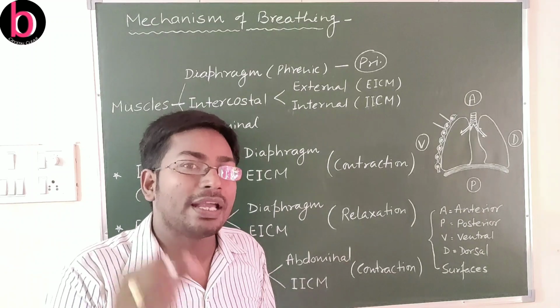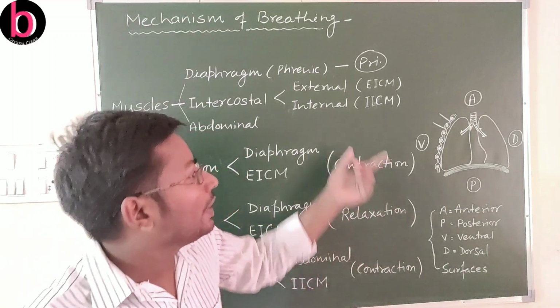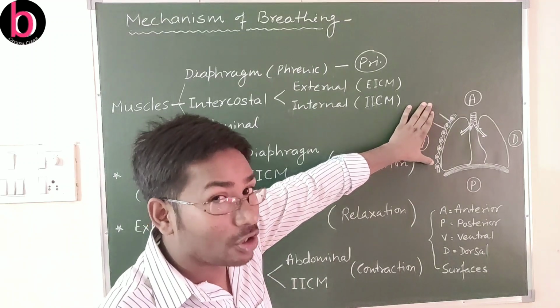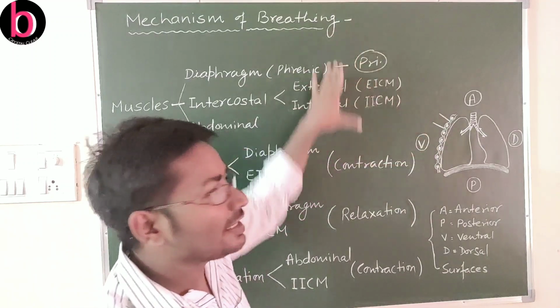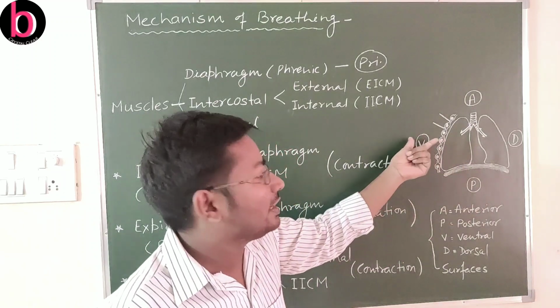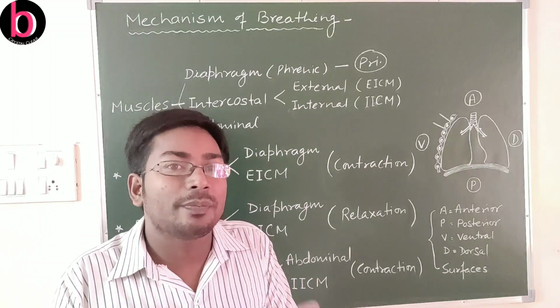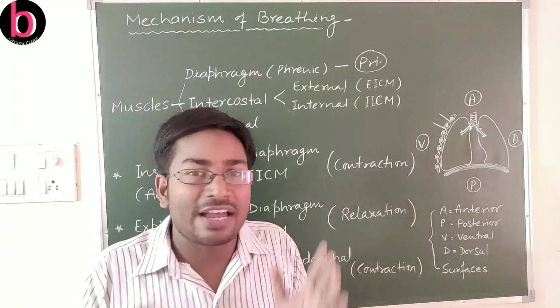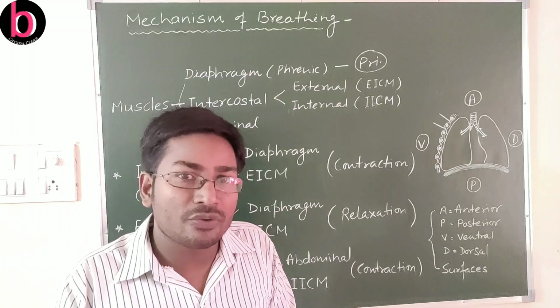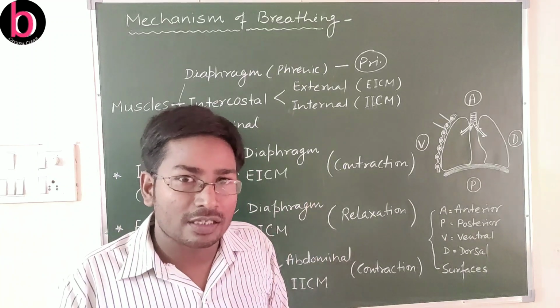So if there is a minor change in the cavity of the thorax, because of movement or contraction in these muscles, suppose the diaphragm is moving down and the ribs are moving outward or upward, then there will be a change in the thoracic cavity volume, and because of air tightness, the same will also be reflected over the lungs.